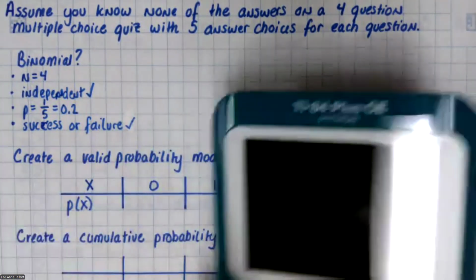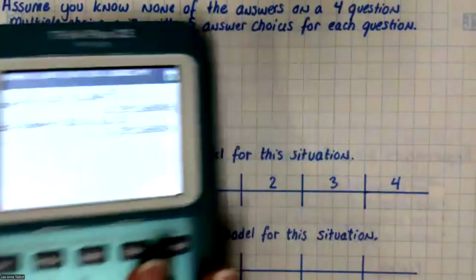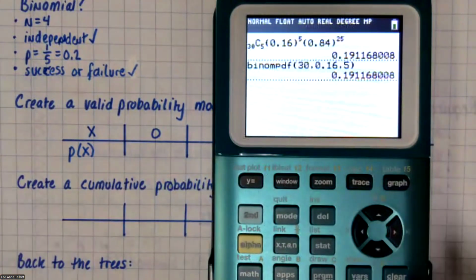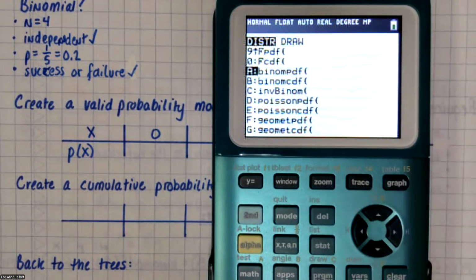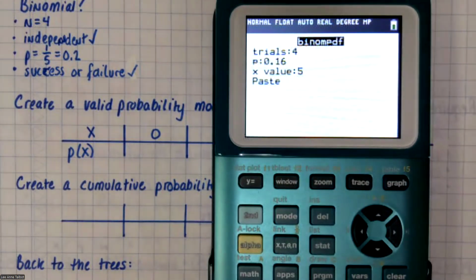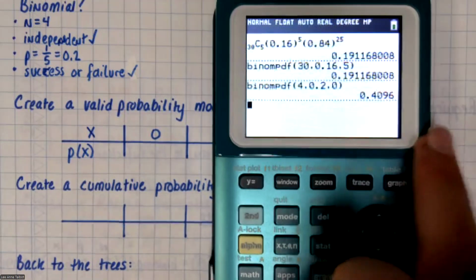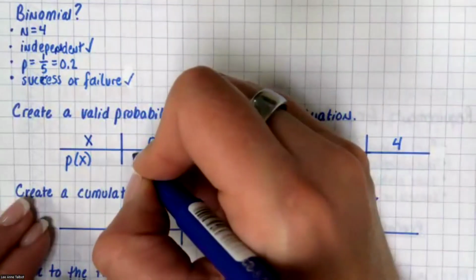I want you to go back into your Binomial PDF. Trials are 4, probability 0.2, and the first one we're going to do is 0, and that's 0.4096.